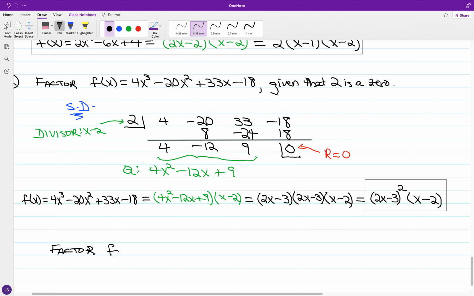Let's see what we get for f of x equal to 3x cubed minus 41x minus 28, and we have given that 4 is a 0.